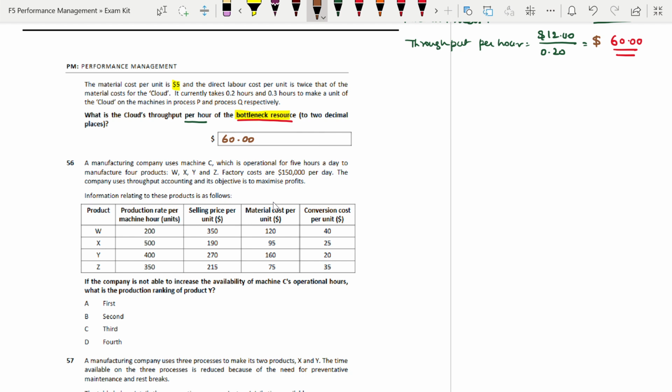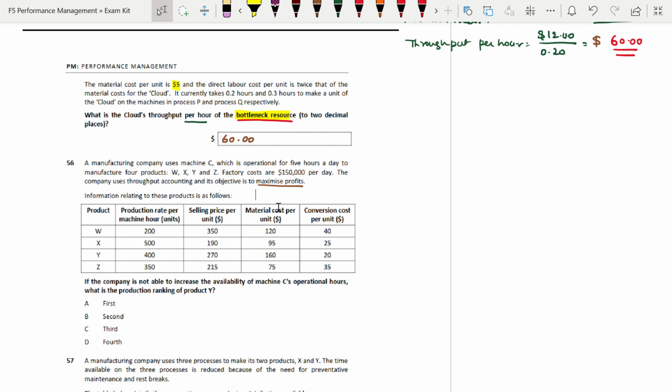The company uses throughput accounting and our objective is to maximize the profit.